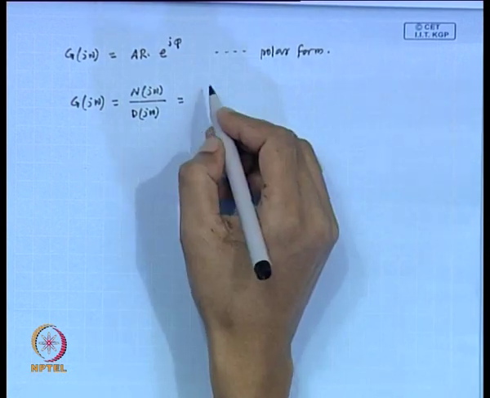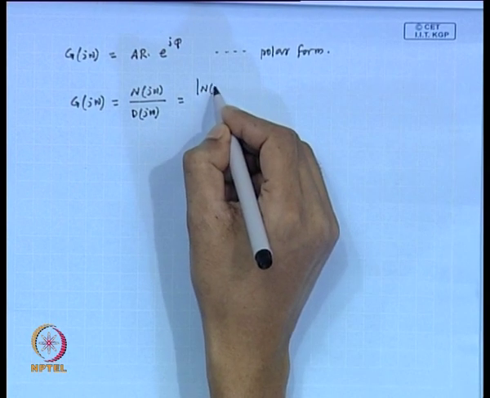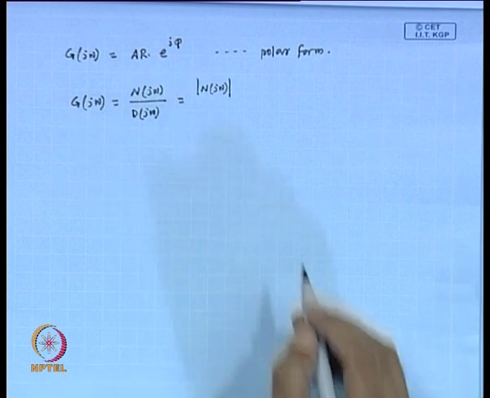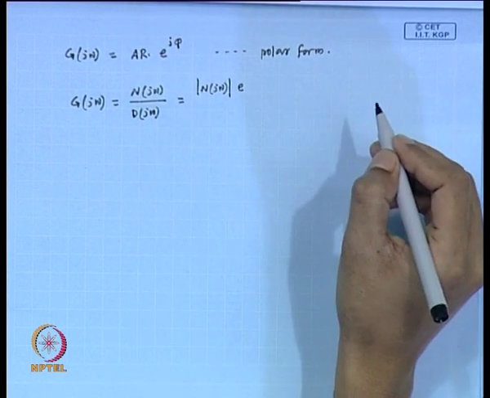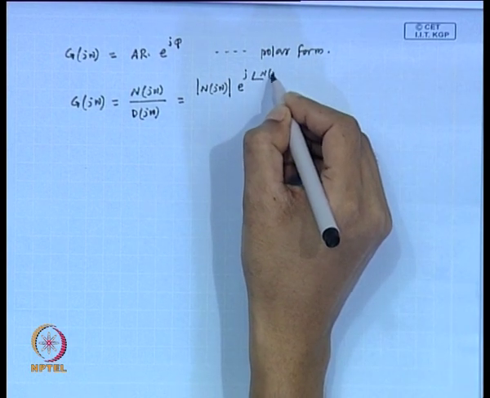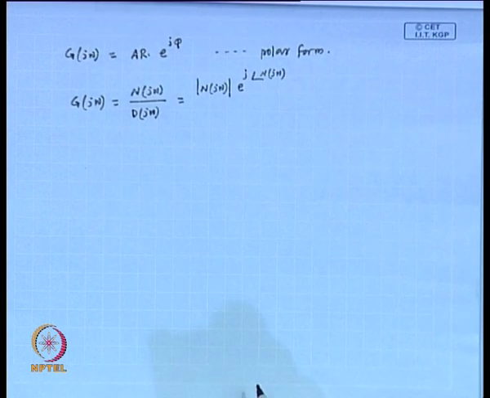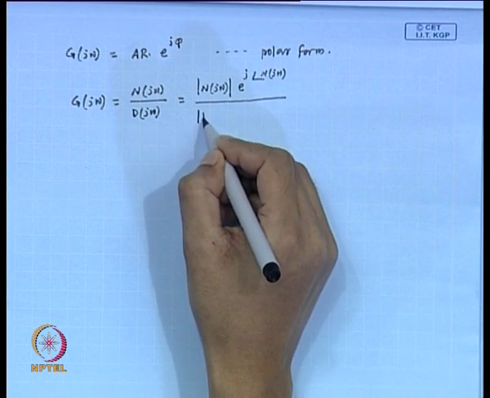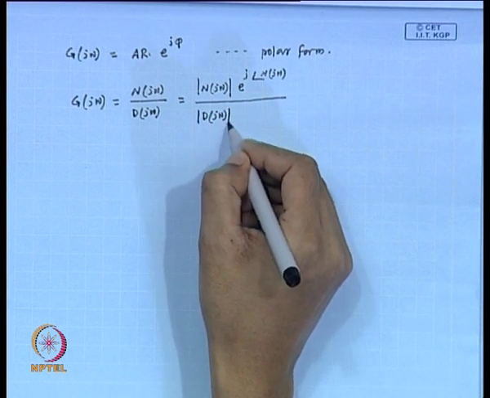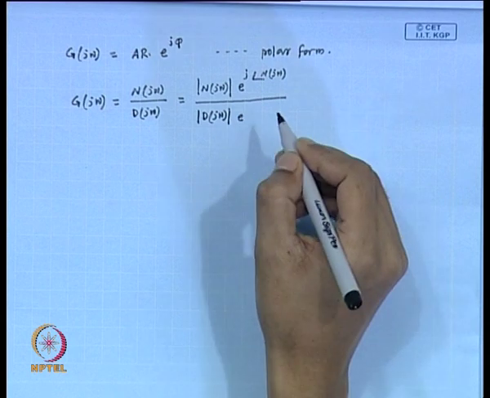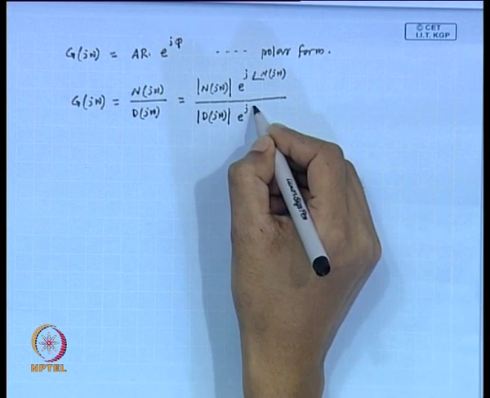I mean, we can write the numerator as amplitude and then the exponential term. Similarly, we can write the denominator as first the magnitude of the denominator multiplied by the exponential term.